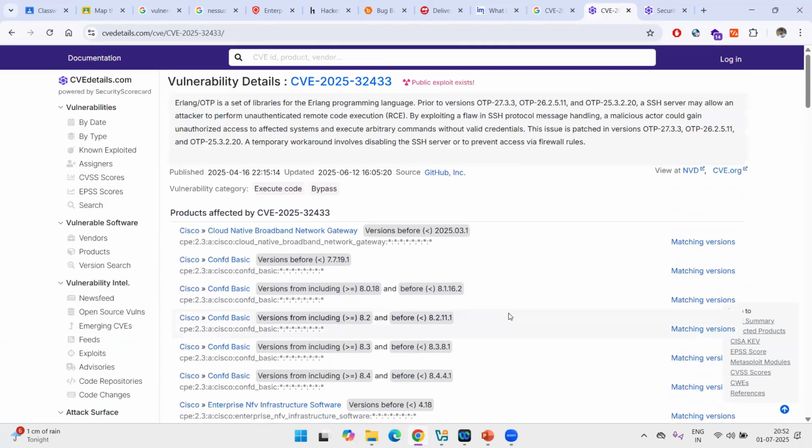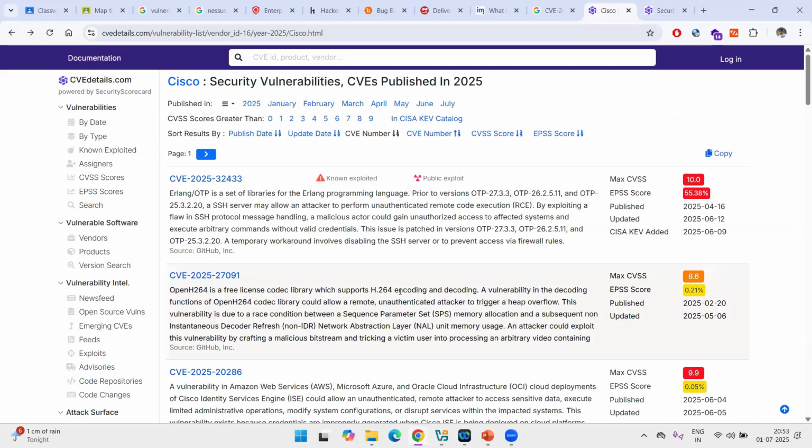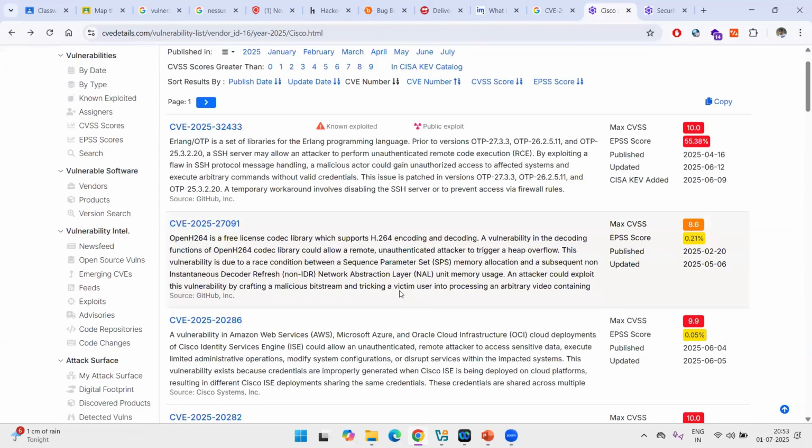Vulnerability and vulnerability database, and CVSS score and EPSS score. Not every vulnerability will have an exploit, guys. Only if it is disclosed to the public can we find it.